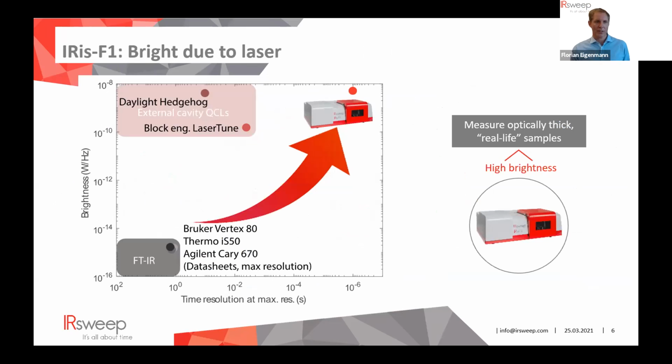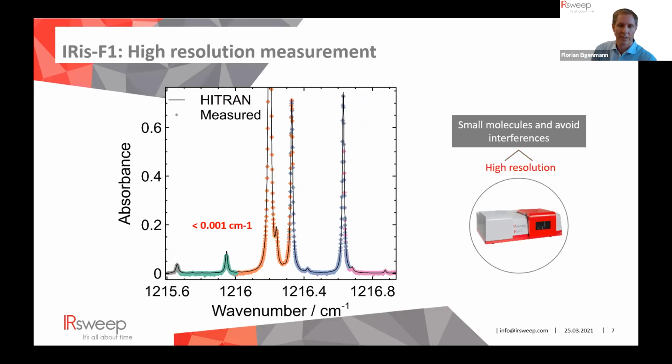The other benefit is the brightness due to lasers. We actually get 2 or 3 orders of magnitude stronger brightness and laser power than a globar source, which allows single shot analysis and gives an excellent SNR in a short amount of time.